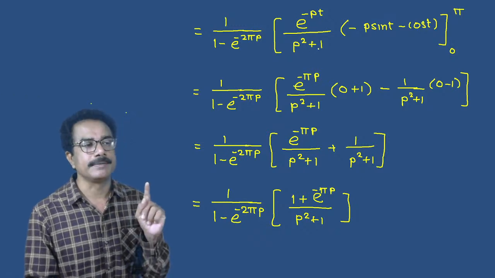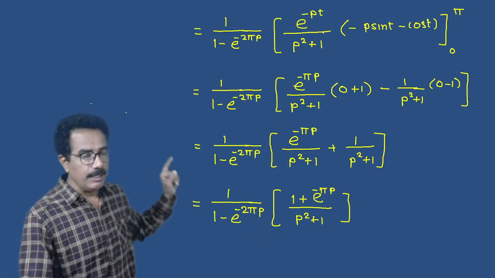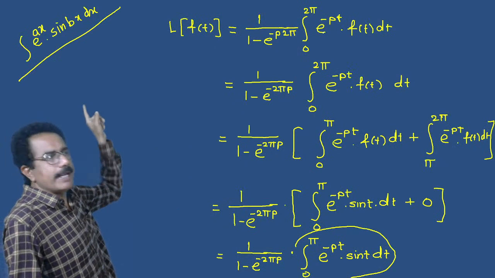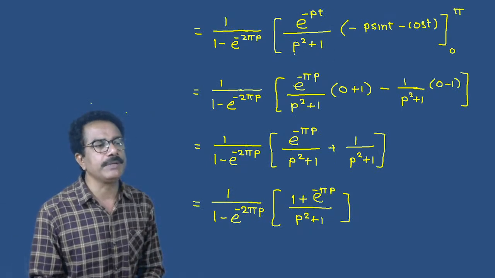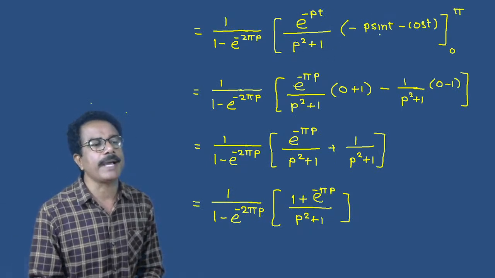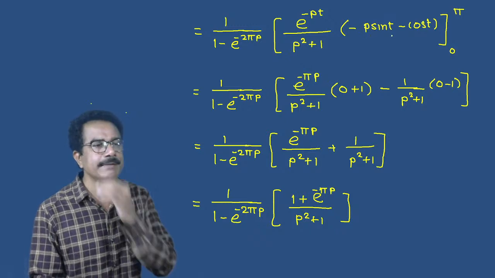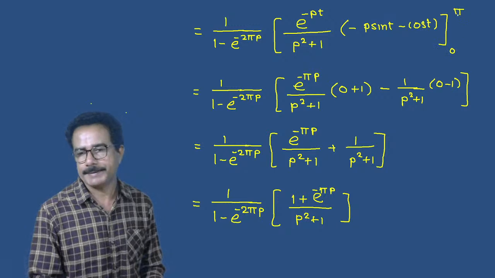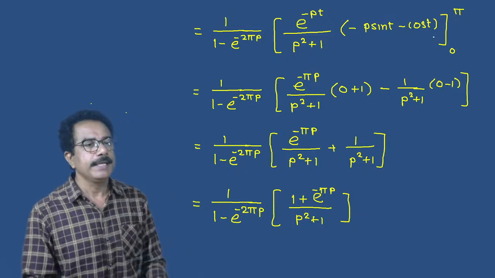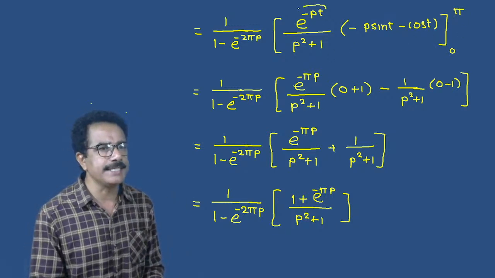Here b is 1 and a is p. So e raised to minus pt divided by p square plus 1, into minus p sin t minus cos t, over the limit 0 to pi.